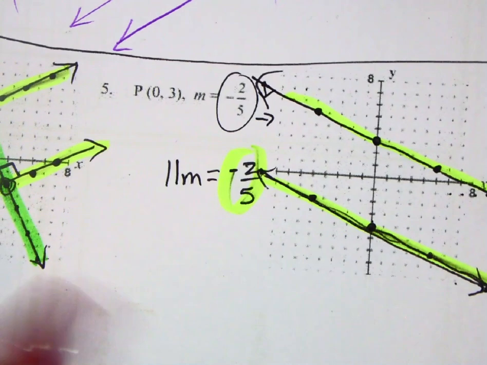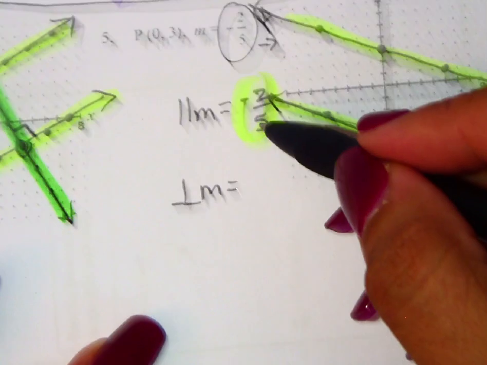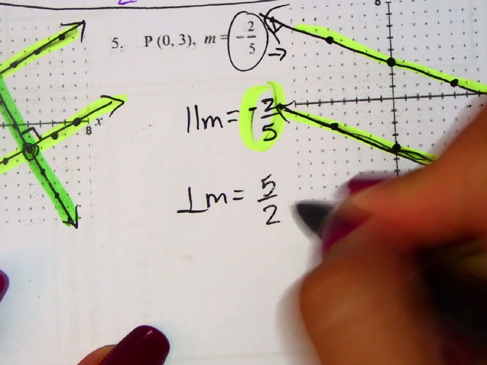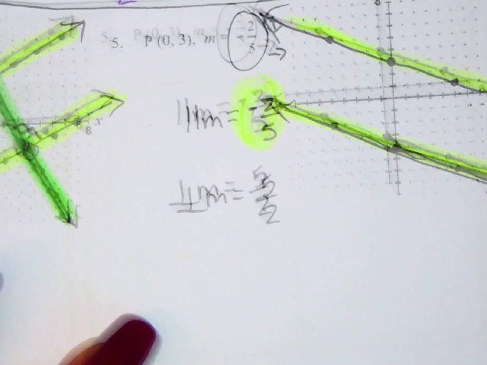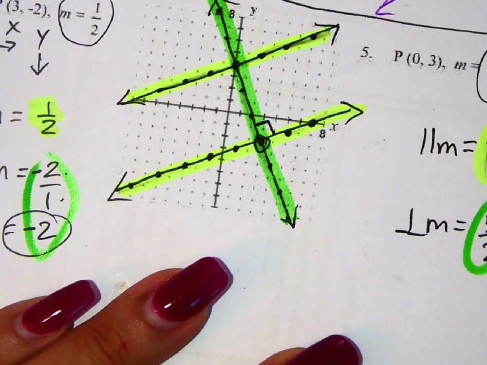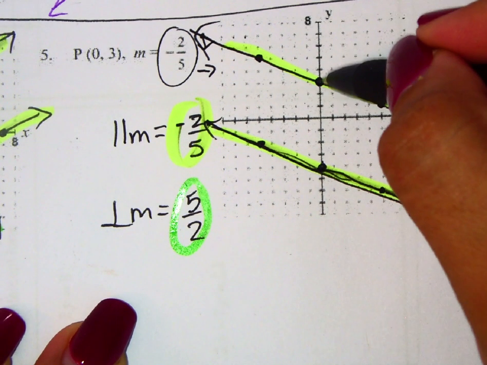And then as far as perpendicular, we're going to have opposite sign, which is positive, because that's negative. So we're going to have a positive, and then 5/2. So the flip version of this. I forgot to circle this one green. All right, so the opposite from the original is this one.